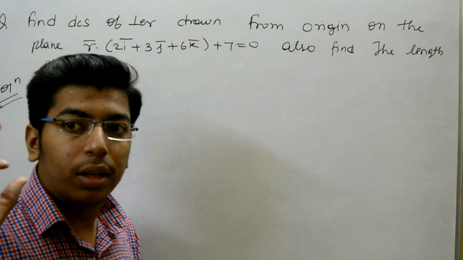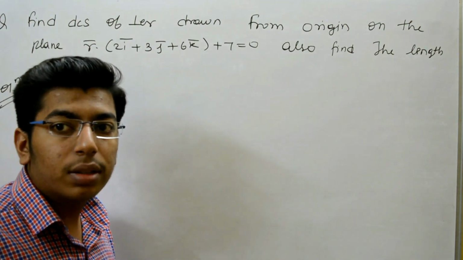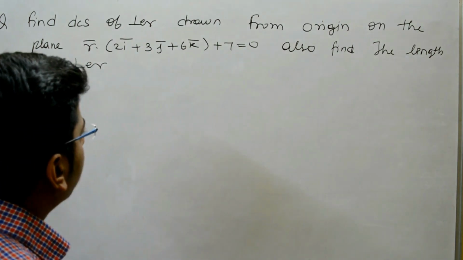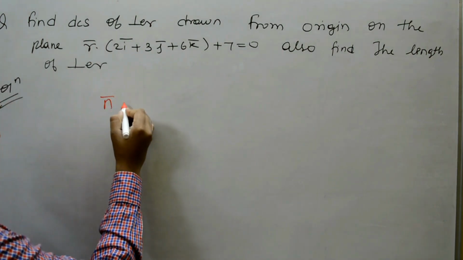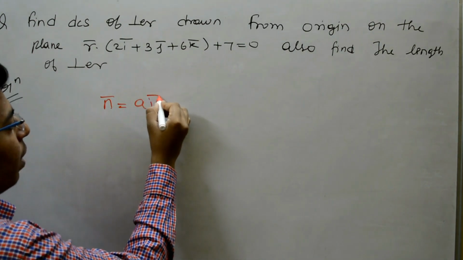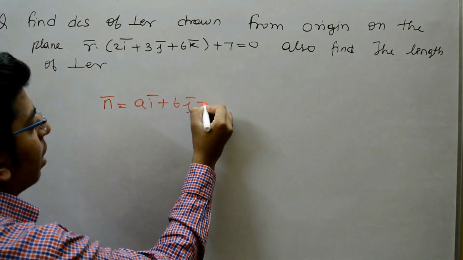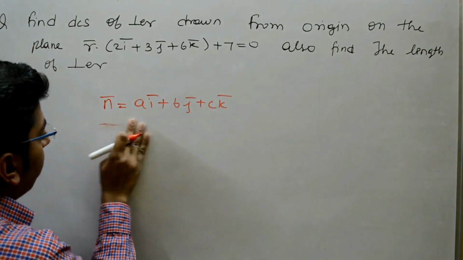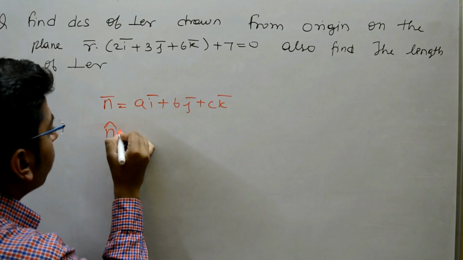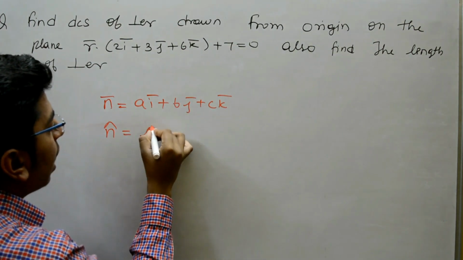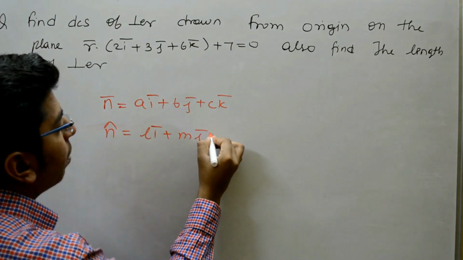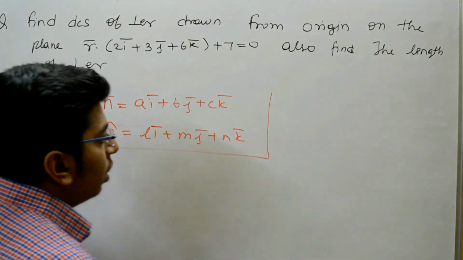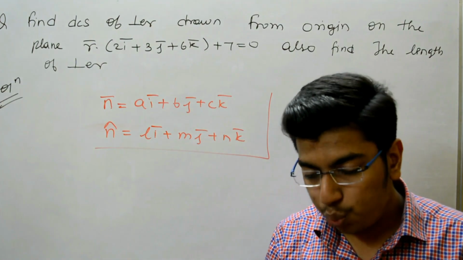According to our remarks, the 4 remarks I have already given to you, n bar is equal to ai bar plus bj bar plus ck bar, and n cap, that is unit vector of normal, is equal to li bar plus mj bar plus nk bar. So this is very important.